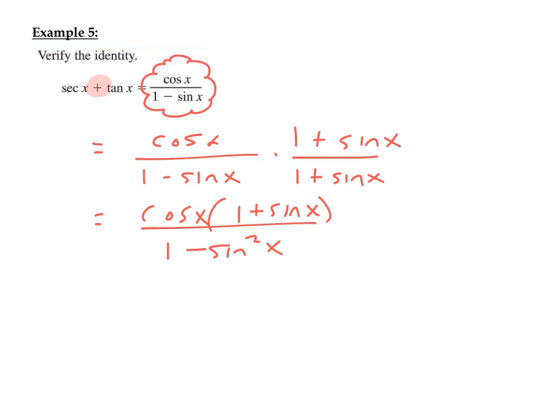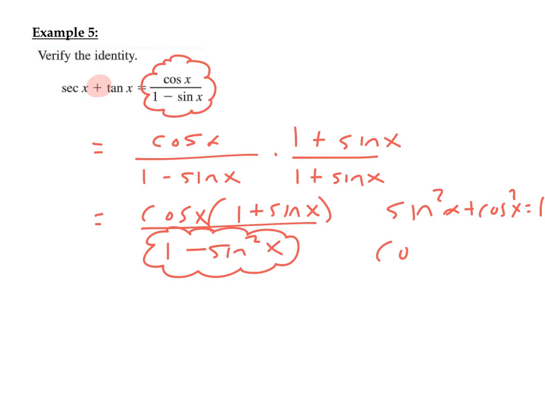Now, an alarm should be going off in your head because you say, wait, have I seen a 1 minus sine squared x before? Yes, it's a version of the Pythagorean identity, sine squared x plus cosine squared x equals 1. What version is it? Well, move the sine squared x to the other side, so you get cosine squared x equals 1 minus sine squared x.